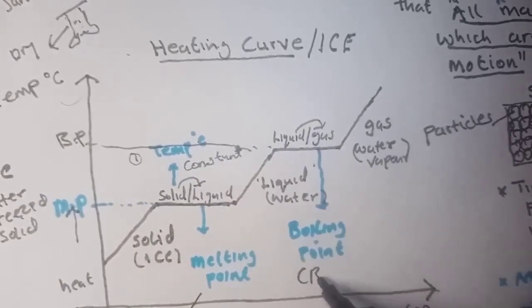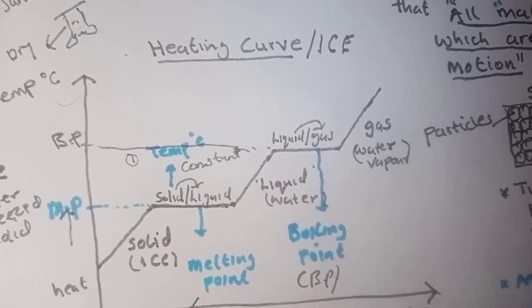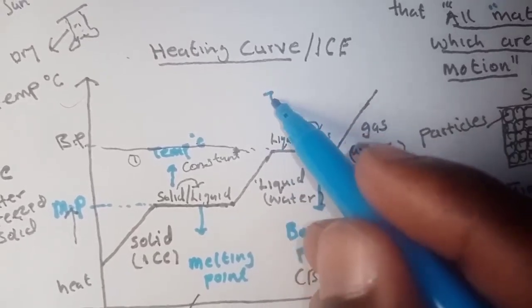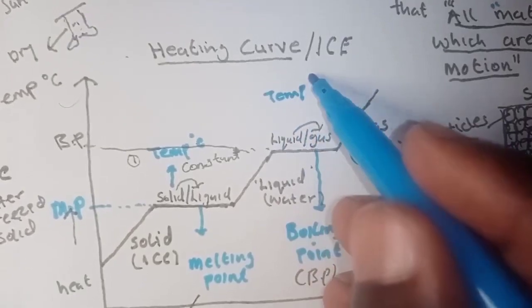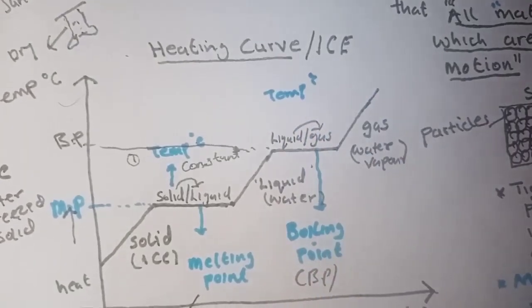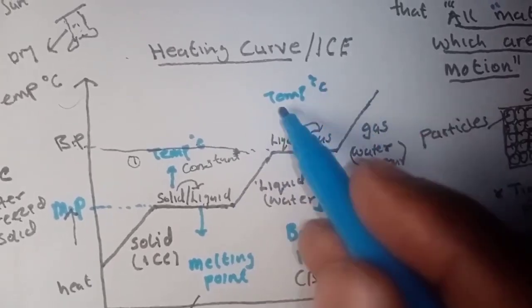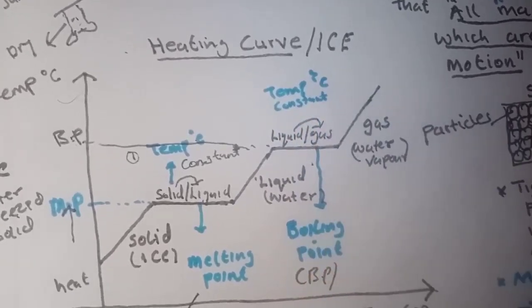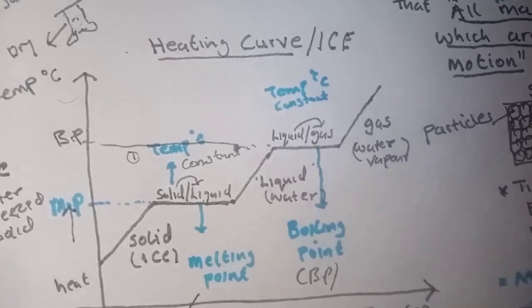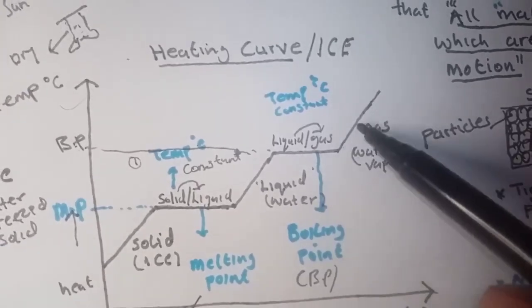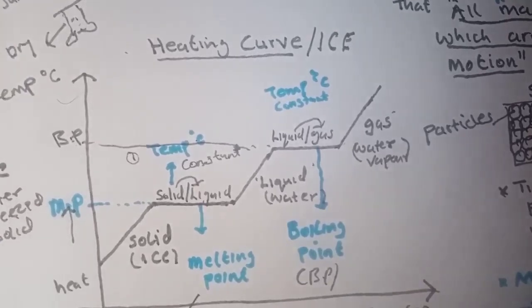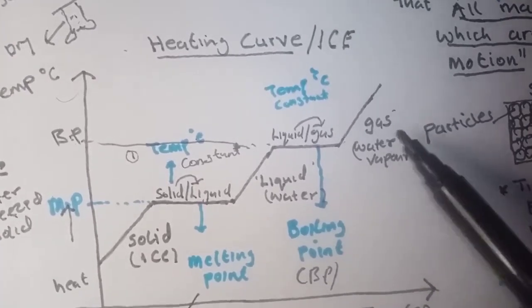BP, boiling point. Again here, know that the temperature is constant. Everything is now changed to gas, and hence the heating curve is complete.